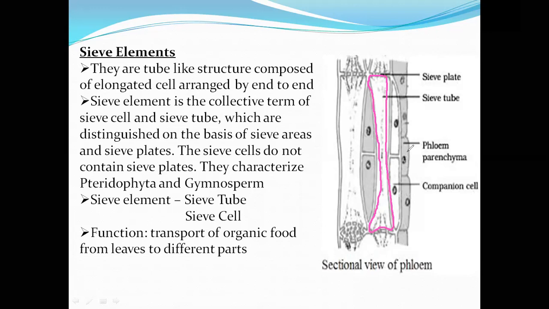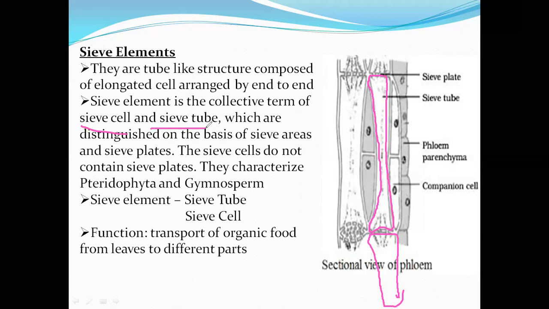These cells are arranged end to end. This is the first one, and again this is a second tube like this. Sieve element is the collective term for sieve cell and sieve tube.